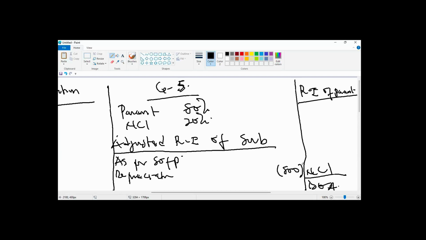As per SOFP, what was the retained earnings? 819. That's all. I'll go again. Next.